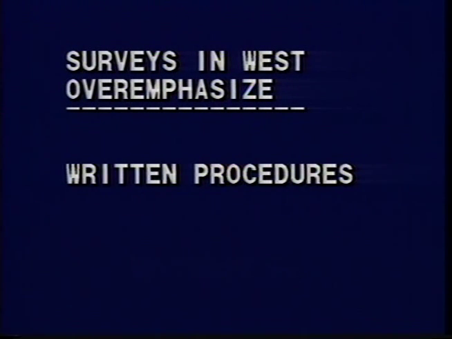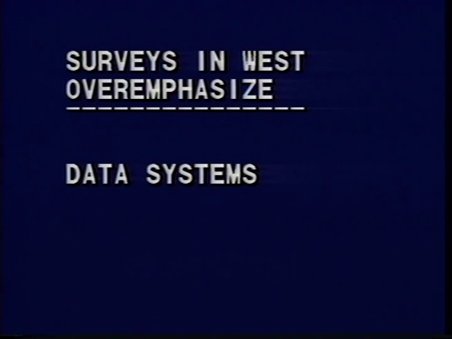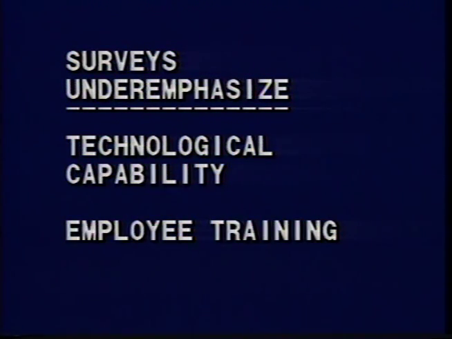Vendor surveys in the West overemphasize organizational and procedural features, such as written procedures, clear definition of responsibility, data systems, and documentation. In contrast, the surveys underemphasize technological capability and employee training. This systematic unbalance should not continue.